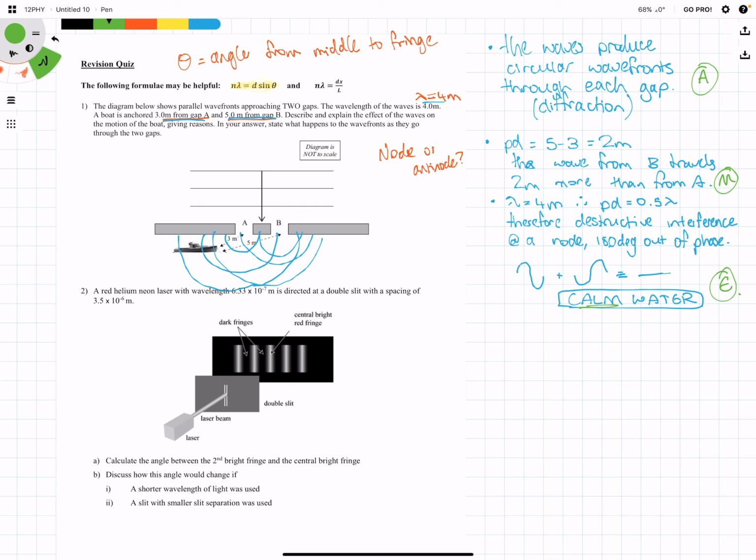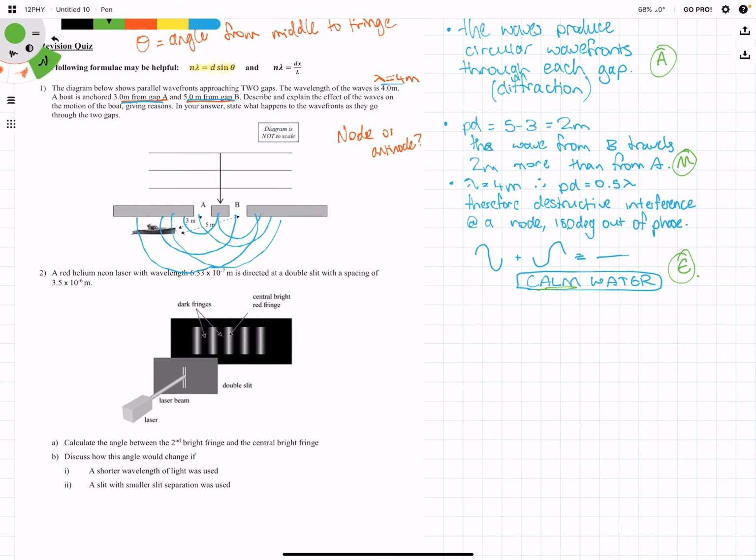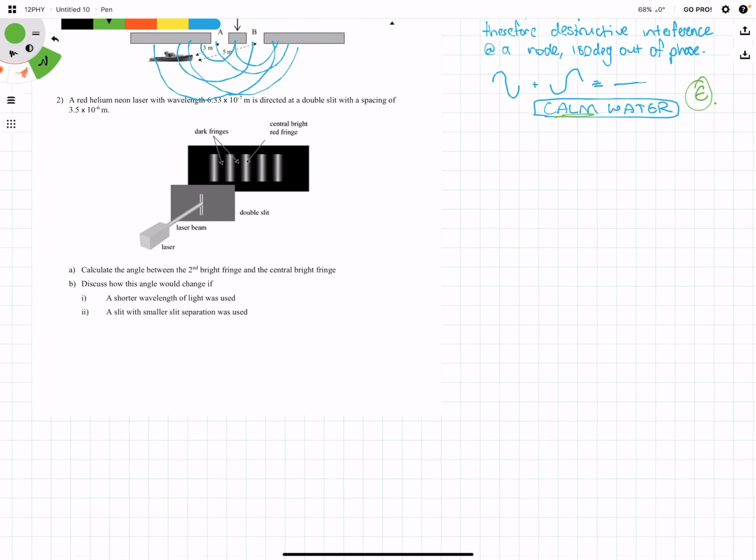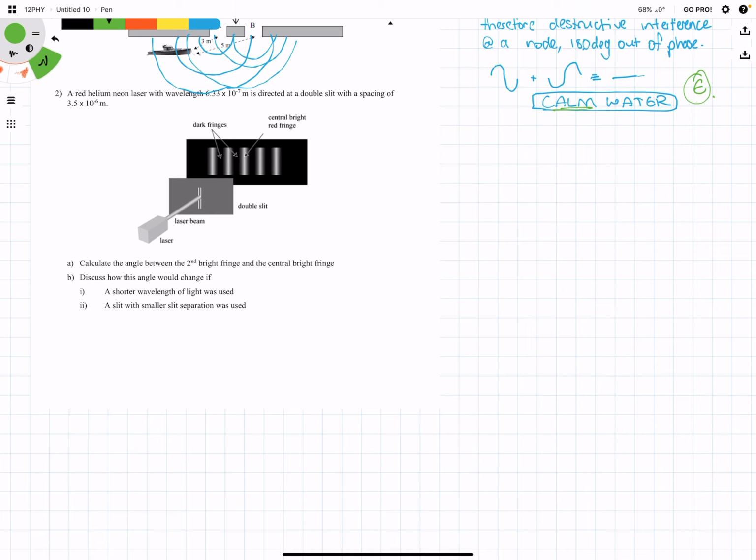Very good. Let's move on and think about number 2 down here. We've got a laser. It's a laser because it's got to be coherent, the same amplitude, same wavelength, same phase relationship. It's coming through a double slit, two slits, very narrow, in a barrier. They've given us the wavelength of the laser.